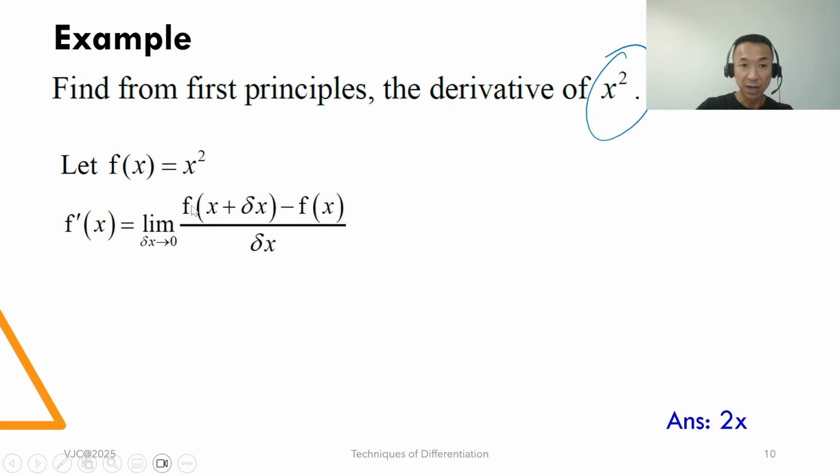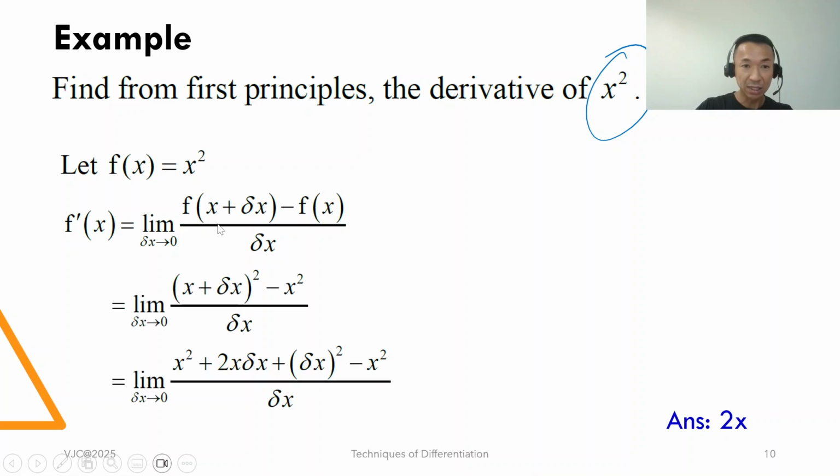So f(x plus delta x) is actually (x plus delta x) squared, and f(x) is obviously x squared. Then I expand this. (a plus b) squared is a squared plus 2ab plus b squared.